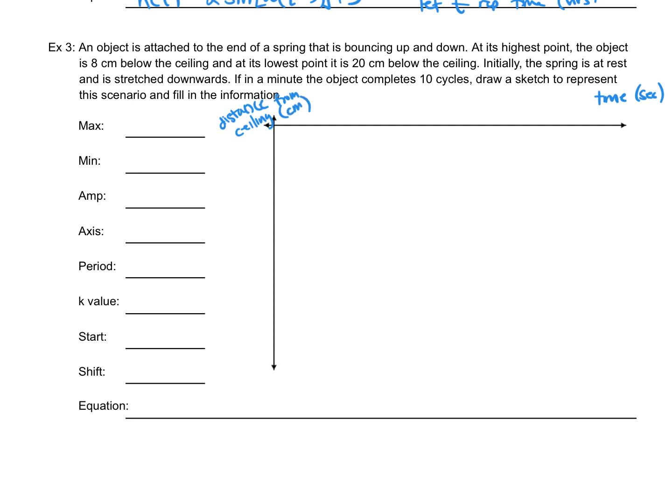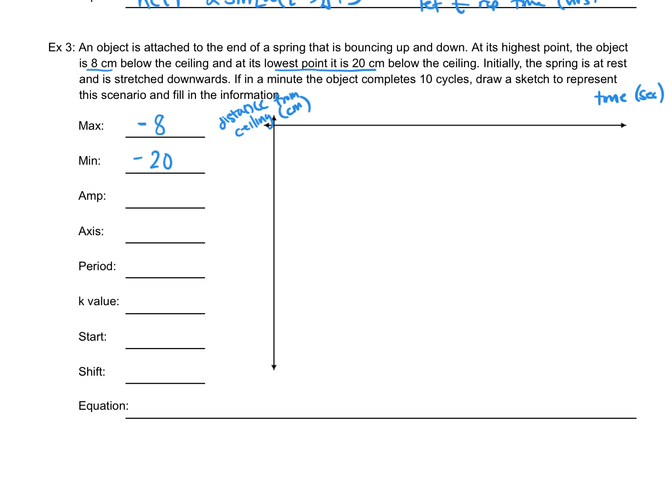So at its highest point, the object is 8 centimeters below the ceiling. So the maximum is going to be -8, because the way I gave us our x and y axis, the ceiling would be at 0. And the lowest point is 20 centimeters below, so -20.